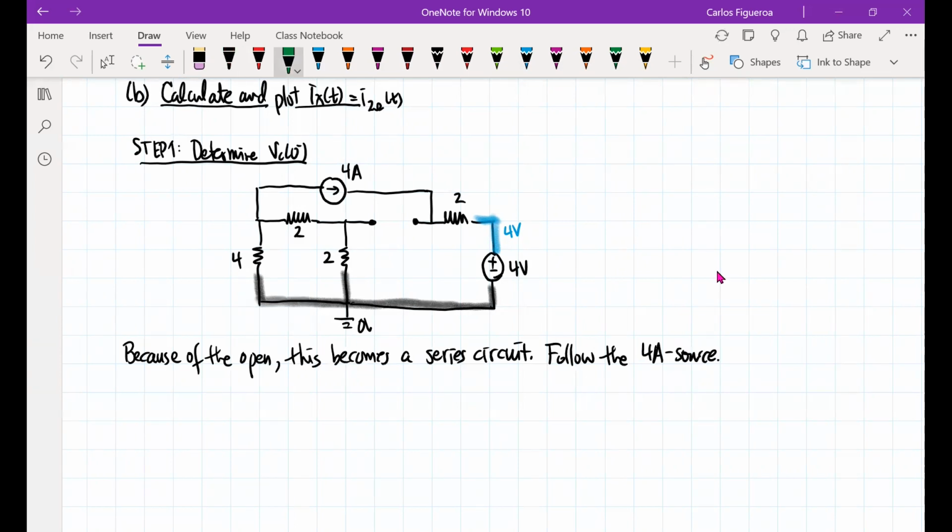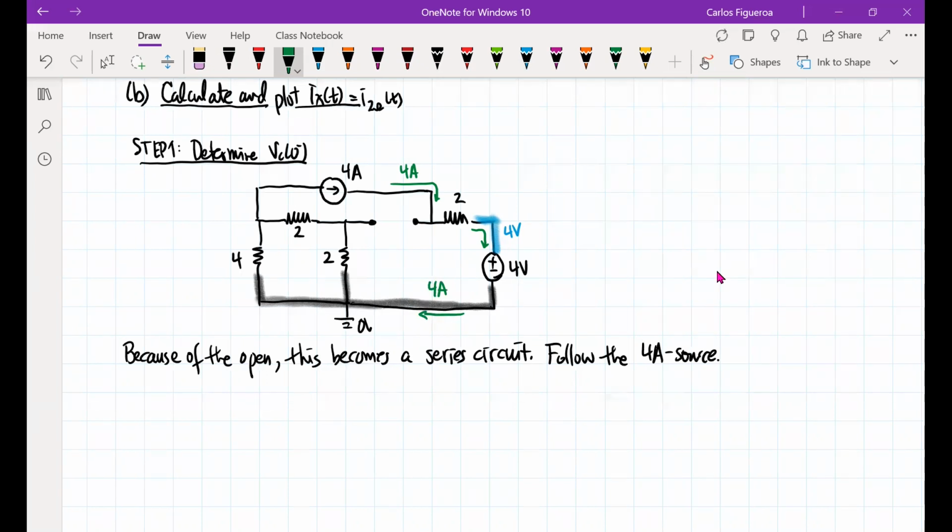What I'm seeing here is that this current comes here, right? There's 4 amps. So note that that means that current is also coming in this direction, and then it's going to move in this direction as well. Now look what happens here.